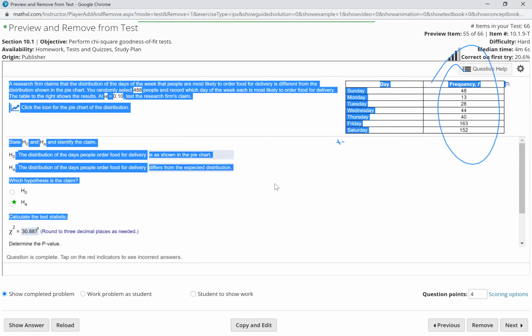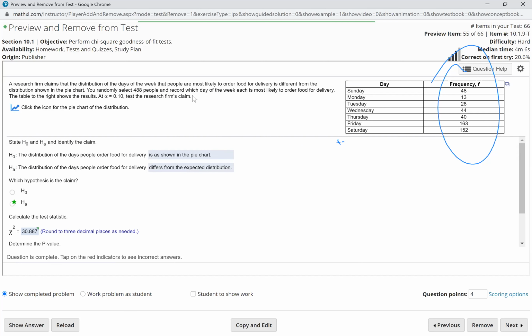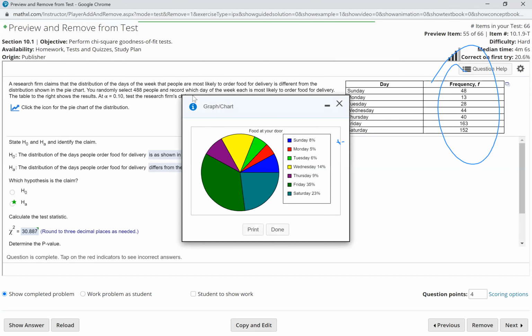Let me remind you again, guys. So I'm gonna go to, let me show the pie chart first. I might need this. And now, okay. These are the observed values. You go to L1 and put the observed values in there. Now the expected values, guys, are a percent of the totals.